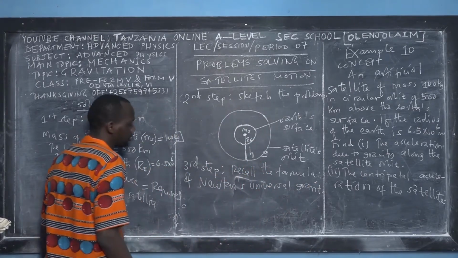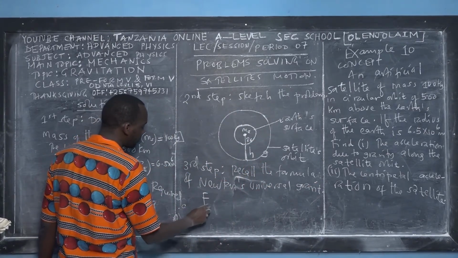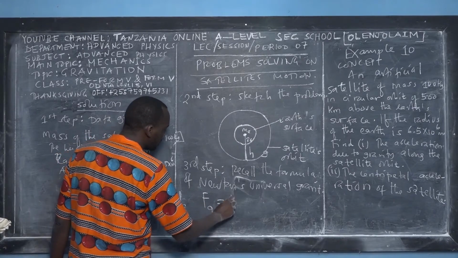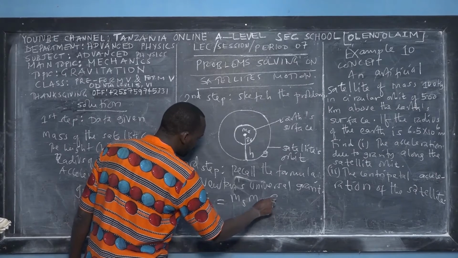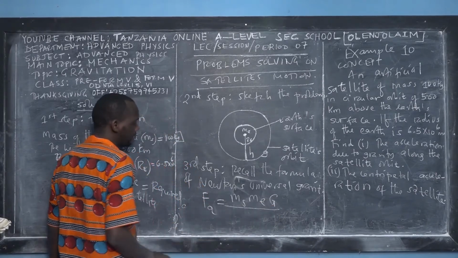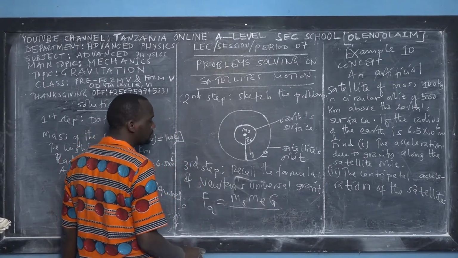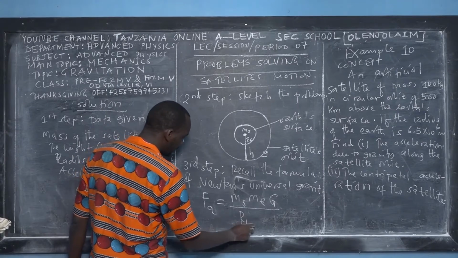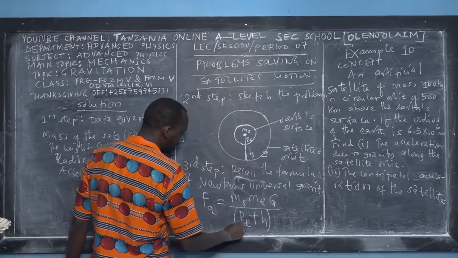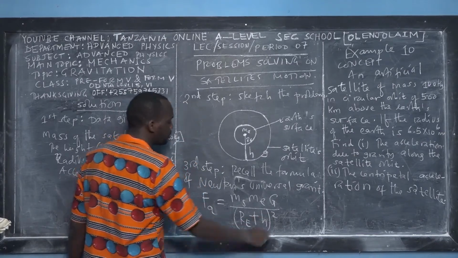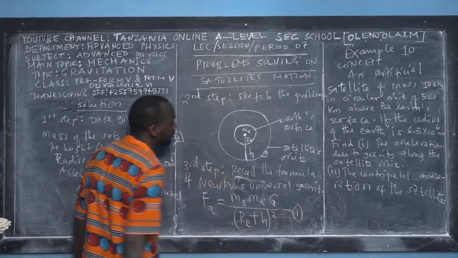The formula says that the force of attraction between the satellite and the Earth is the mass of the Earth times the universal gravitational constant, divided by the radius of the Earth plus the height above the Earth's surface, all squared. So this will be our first question.